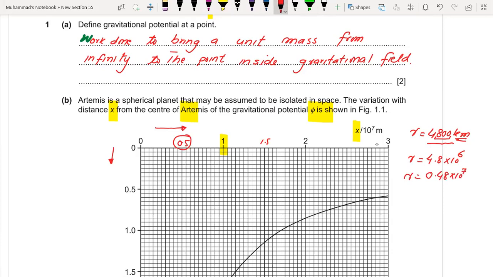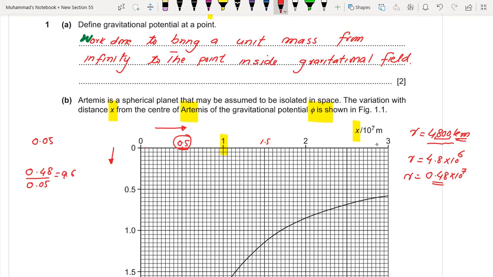So if 0.5 is here, then these are 10 small divisions. So one small division represents 0.05. So 0.48 will be equal to how many small divisions? We can find this: 0.48 divided by 0.05, that is 9.6 small divisions.